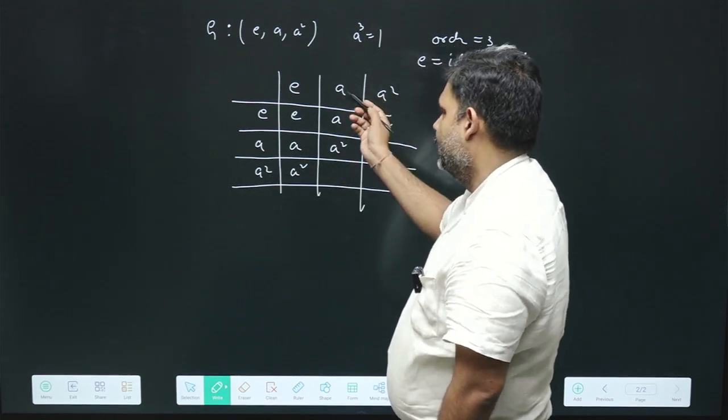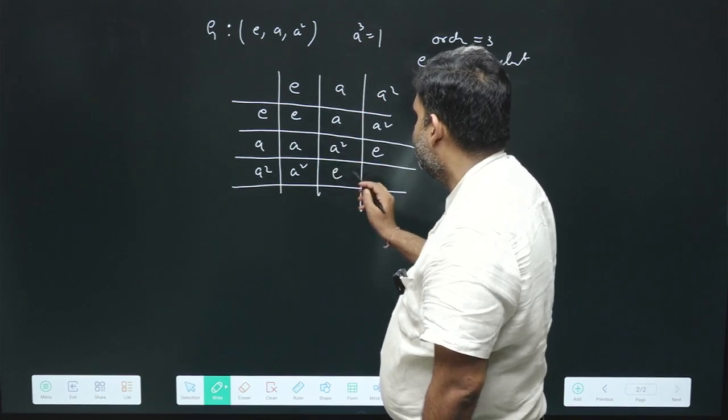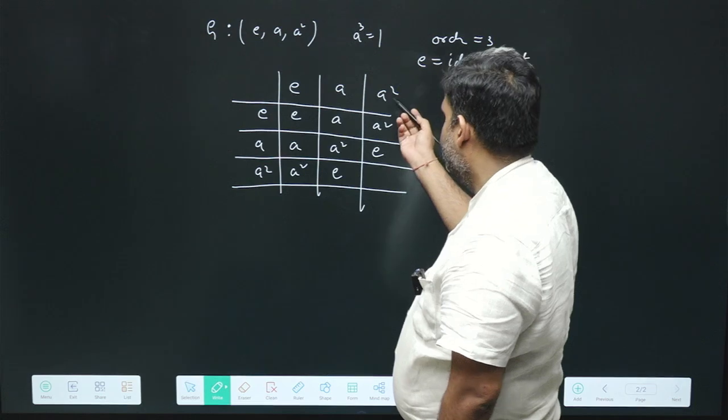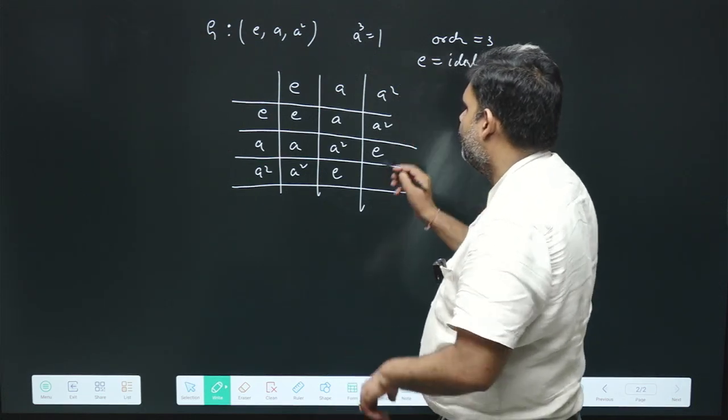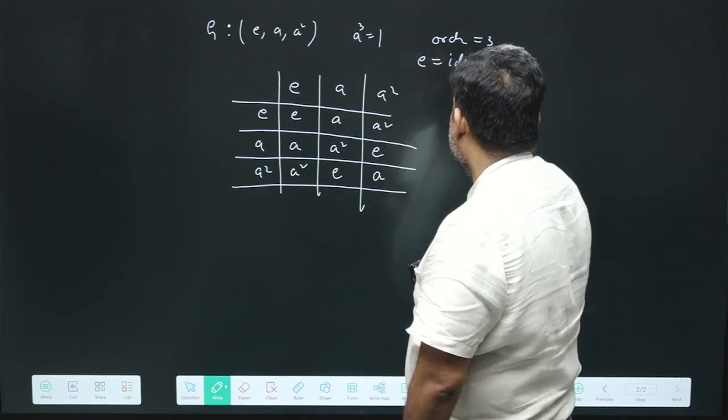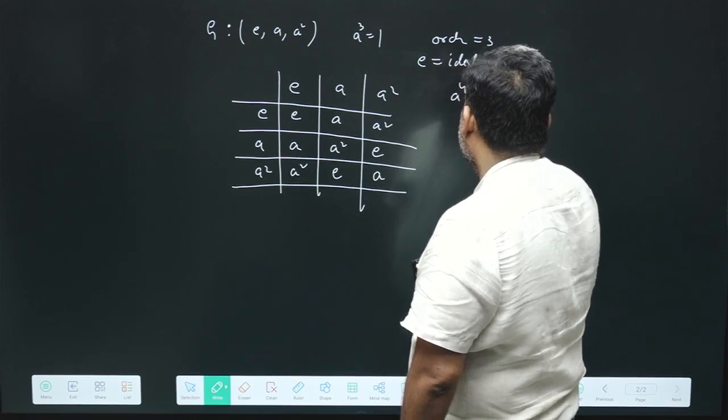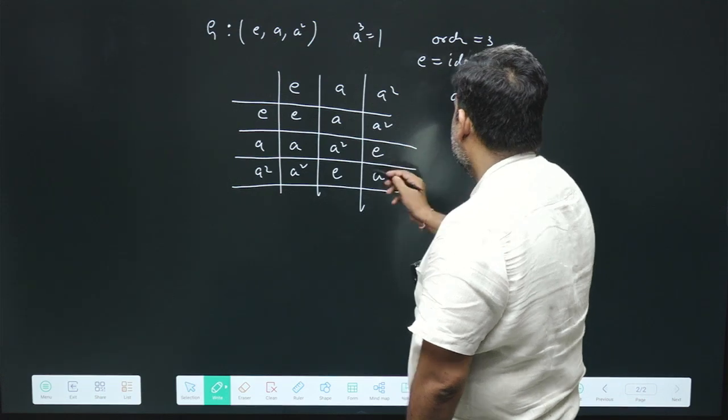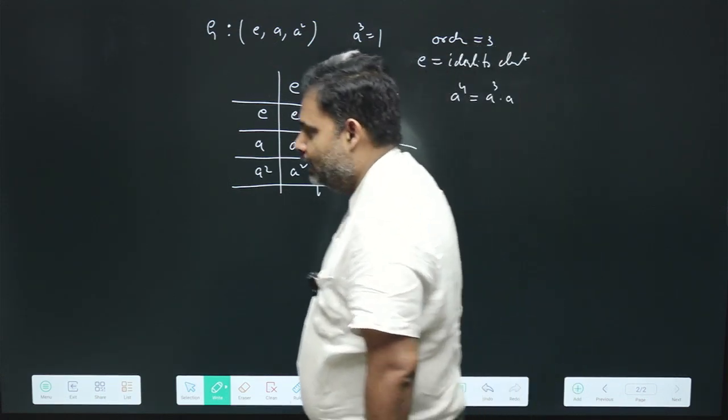A square operation A is A cube, which is identity. And A square operation A square is A4, and A4 is nothing but A, because you can write A4 as A cube into A, and A cube is 1, so that value is A.